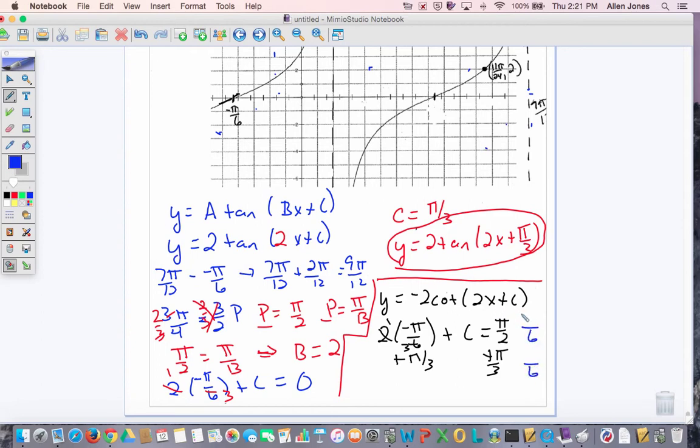In order to add my fractions here, I need a common denominator, so I'm going to rewrite those with a common denominator of 6. This would be 3 pi over 6, this would be 2 pi over 6, so c is 5 pi over 6. So in my argument back here, I'm going to put 5 pi over 6 in for c, and there is our cotangent function.